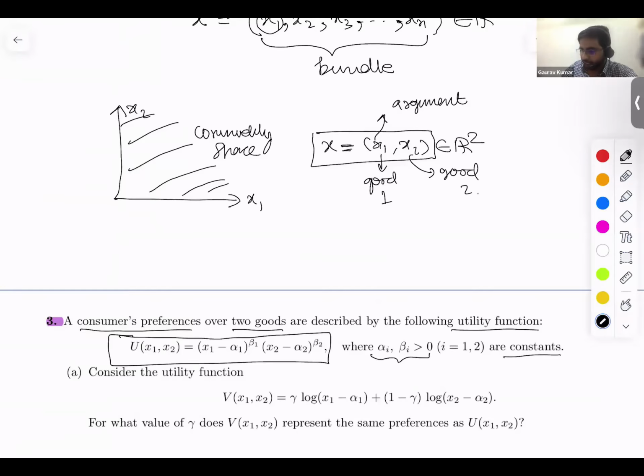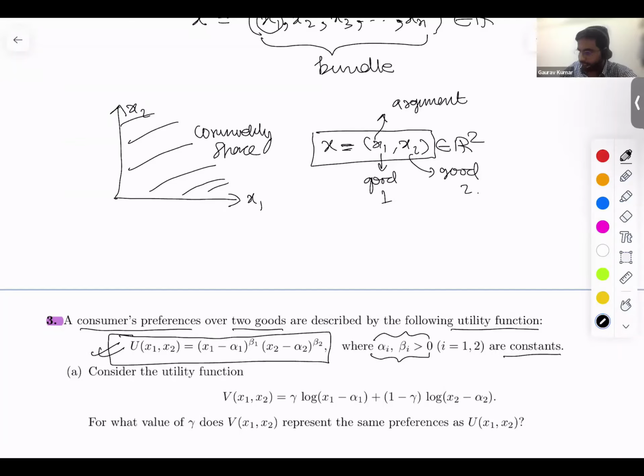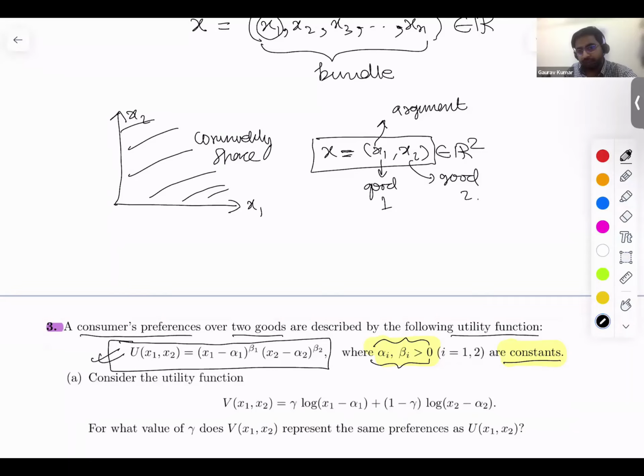I'll tell you a few things which are important from an examination point of view. Generally, in an exam environment we are very hurried and we only read the main expression, and we may miss these details: that alpha i and beta i are constants and both are greater than 0. So it's very important to read each and every word of the question and understand it properly.